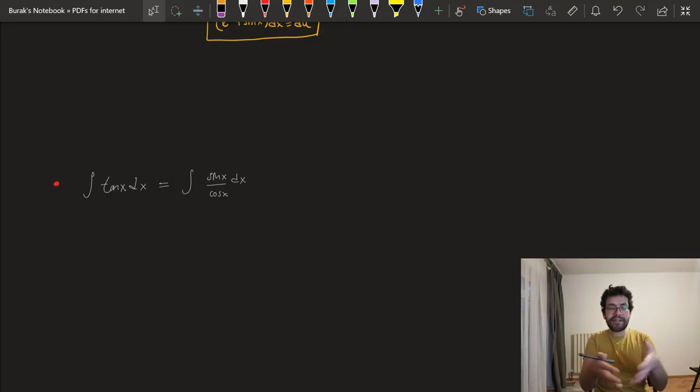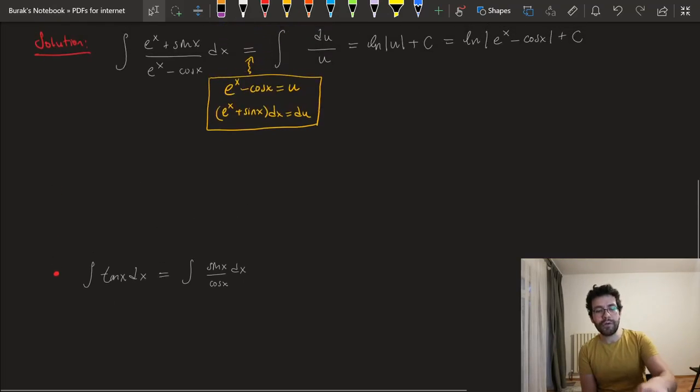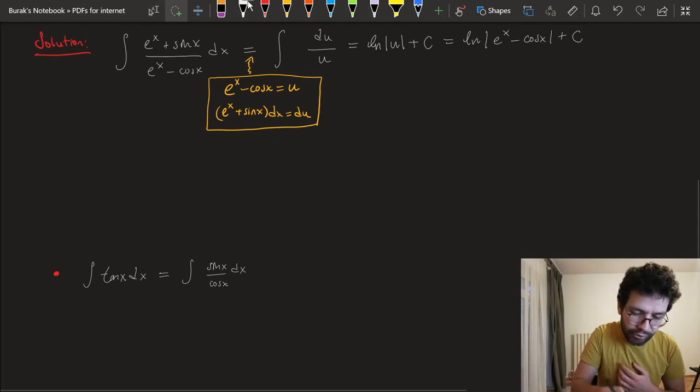Like, can I find some expression of x whose derivative is also seen in this integrand? The answer is yes. The derivative of sine is cosine, derivative of cosine is minus sine. So I can use both. Which one am I going to use? Now, I'm going to do the correct substitution, and then we'll show you on this question. Well, okay, never mind. Maybe I should show it here.